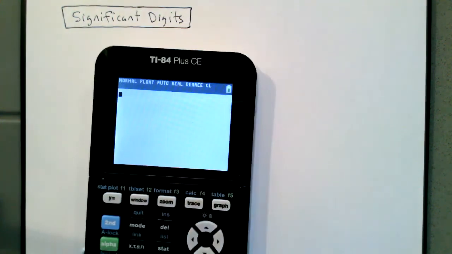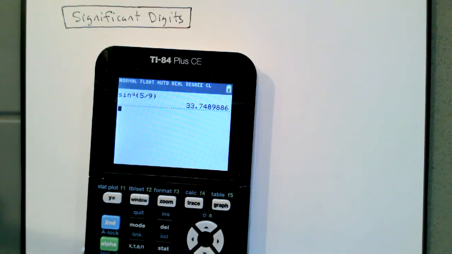Now, your calculator doesn't care about this stuff. Your calculator is just going to give you all the digits. Calculator says all is significant. So when I look at, say, the sine inverse of 5 divided by 9, it's going to tell me that this angle is 33.7489886 degrees.